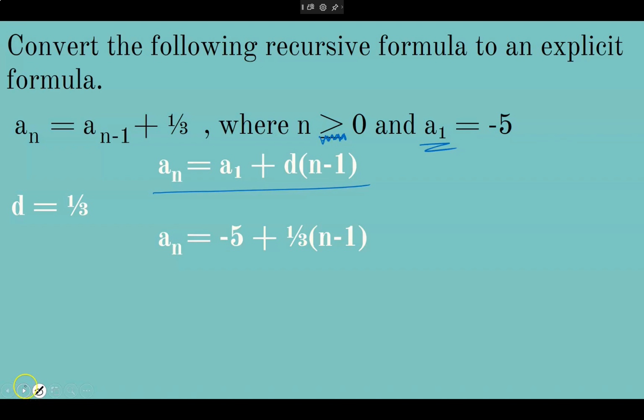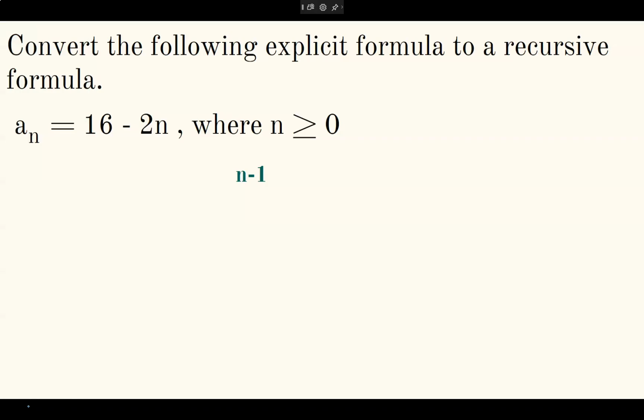All right. Now let's go the other way. Let's go explicit to recursive. Okay, so they've given me an explicit formula, 16 minus 2n. Okay, so 16, is that a sub 0 or a sub 1? A sub 0. What is the -2? That's our difference. Good.